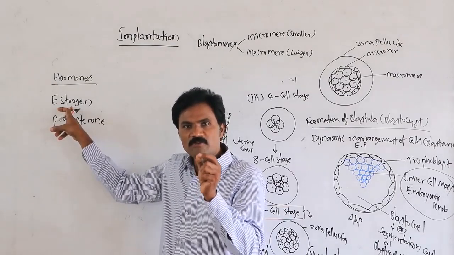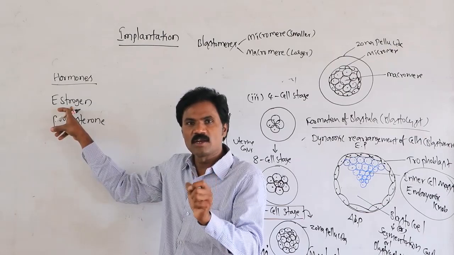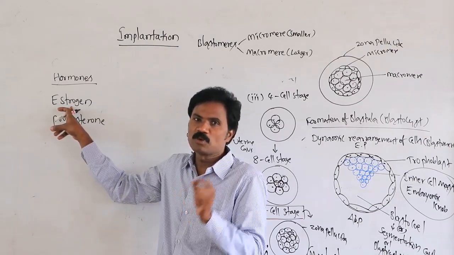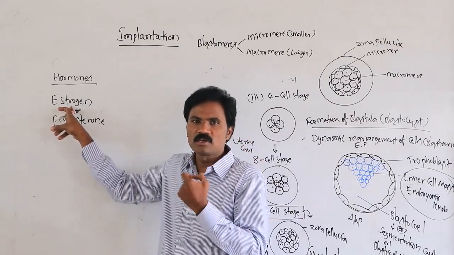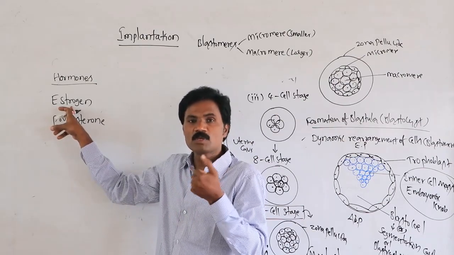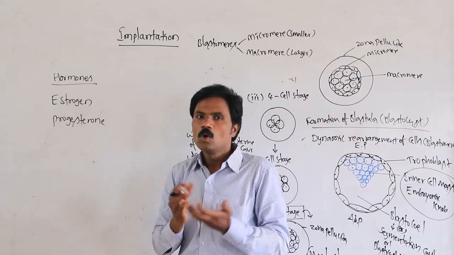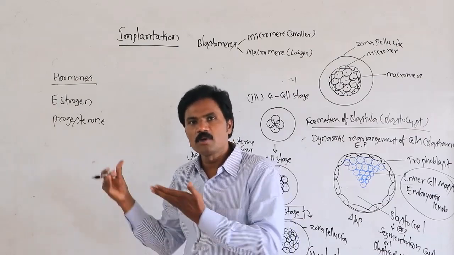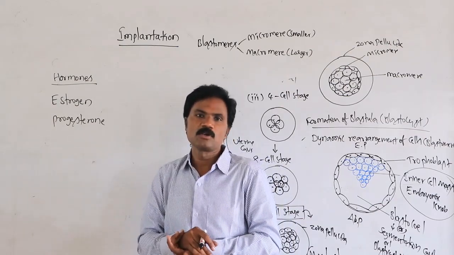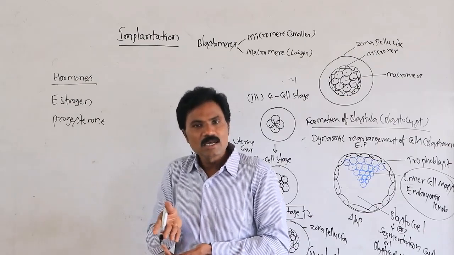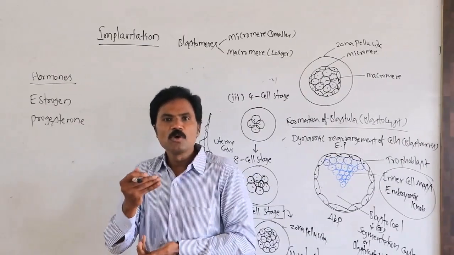These are the matured follicles, that means Graafian follicles secrete the estrogen. Apart from this one, the adrenal cortex also secretes estrogen. Apart from this one, the placenta also secretes estrogen. What is the function of estrogen related to this particular implantation process in the uterus, regarding the endometrium epithelium?